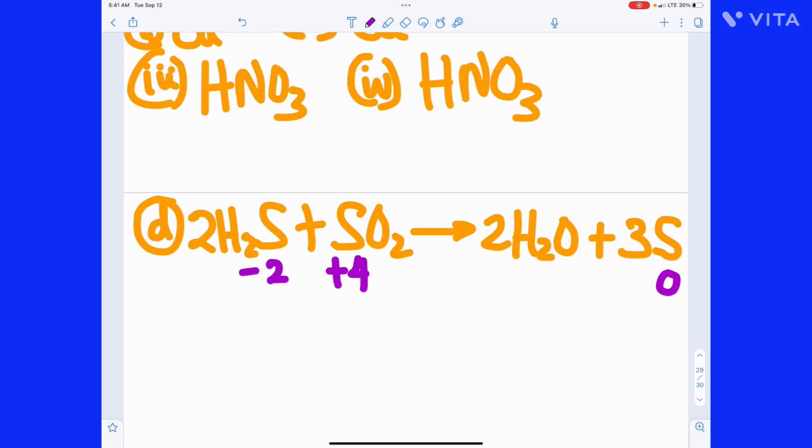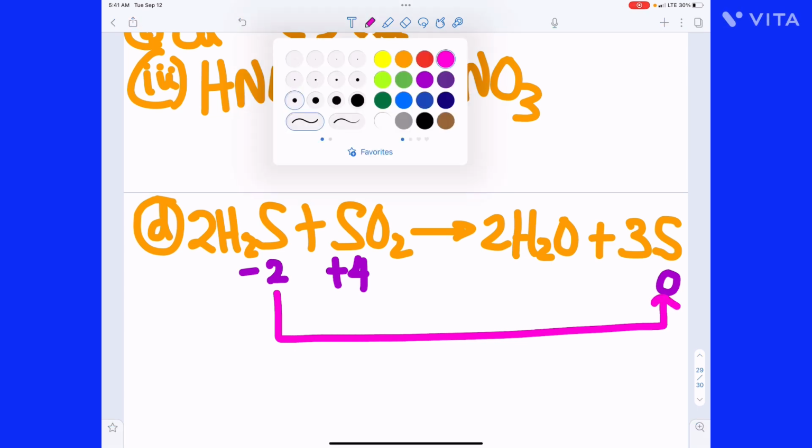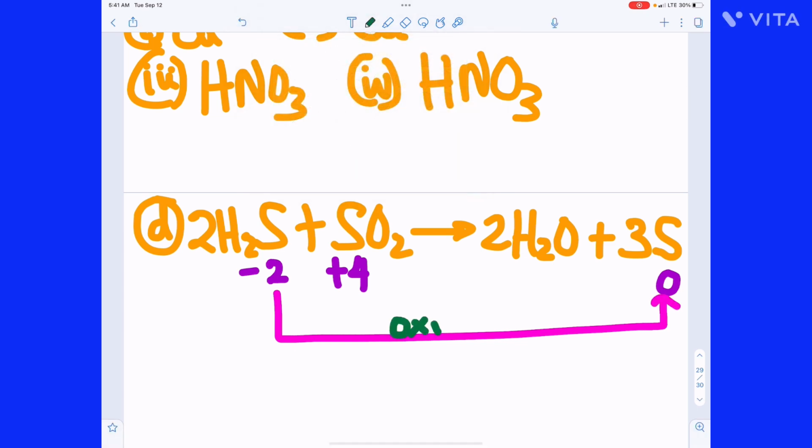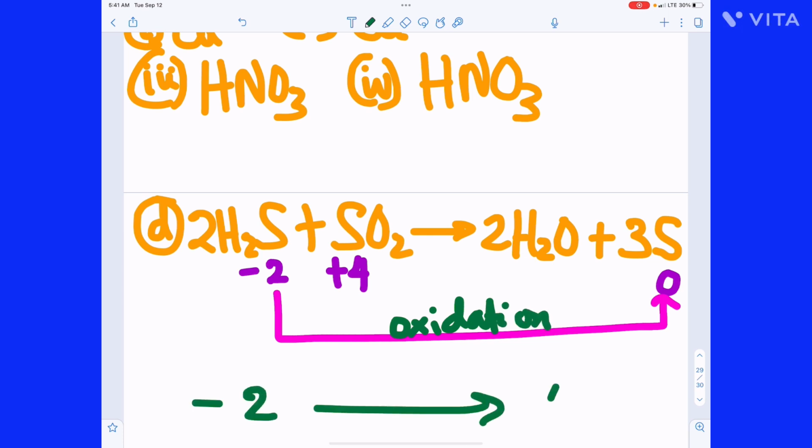So this is an oxidation. Let me use a different color to make it clear. We call this an oxidation because it's an increase in oxidation number. A change from -2 to 0 is an increase in oxidation number.